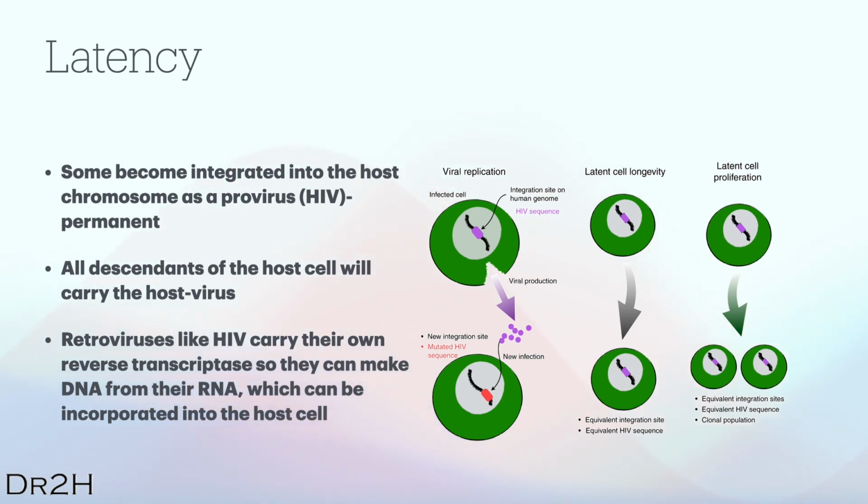However, some viruses, such as HIV, become integrated into the host chromosome as a provirus. This integration is permanent, and when this cell undergoes mitosis, the descendants of the cell will all carry the provirus gene. That is all on the brief review of the basics of viruses.